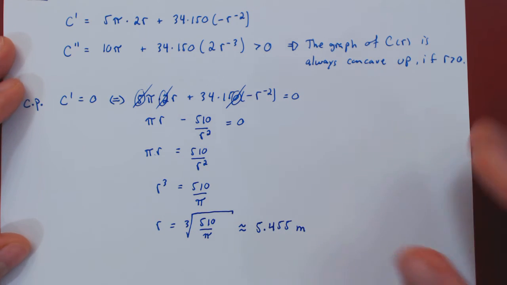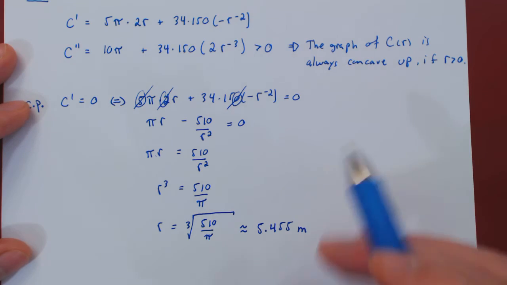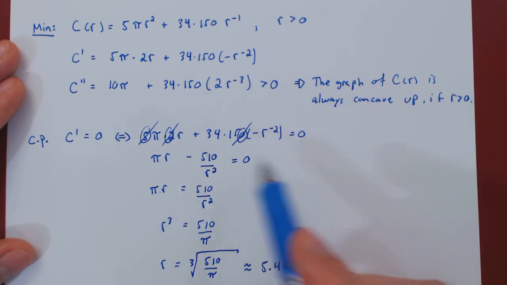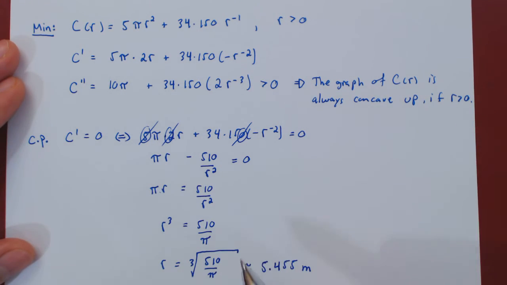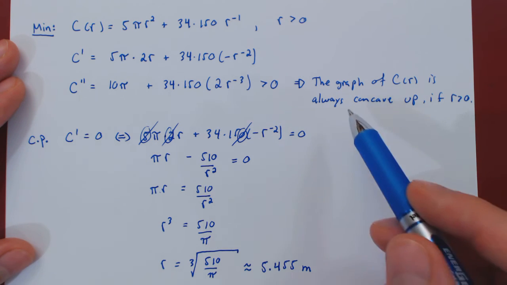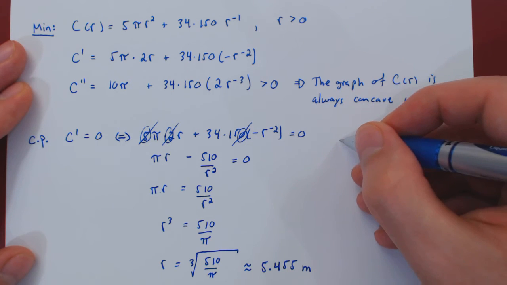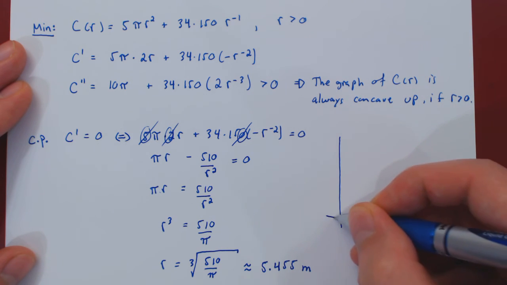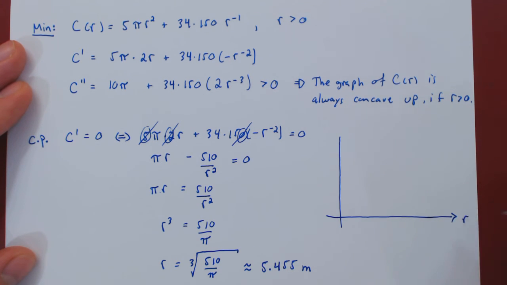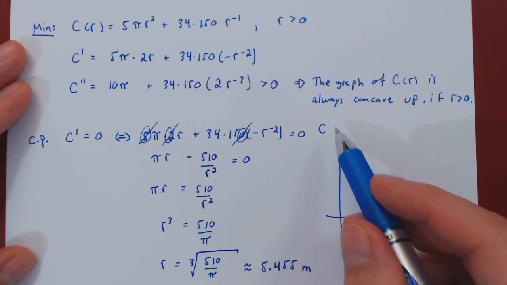So now we have our critical point, and again we can sketch a very rough graph of our cost function, since we know that it has a unique critical point, about 5.45, and the curve is always concave up. So the critical point we found has to be an absolute minimum. Again, we will not find the exact value of the cost.